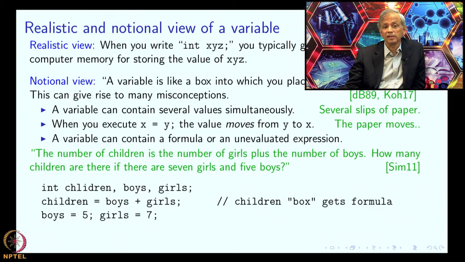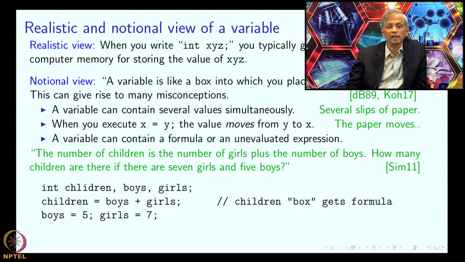Okay. Now, this is not a good statement. The boys and girls have to be given values first, and only then can this statement make sense. But students do write this statement because it appears first in the order in the English language description. And here they think that, oh, the box corresponding to the children will get the formula boys plus girls.